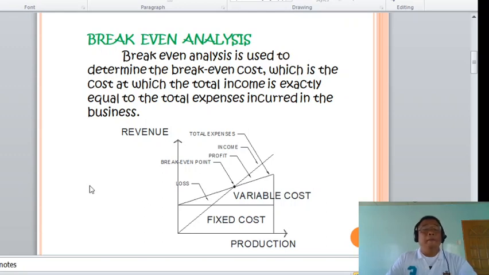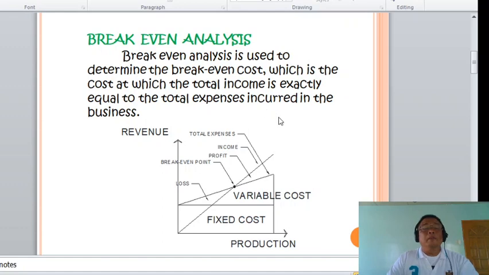The line coming from the intersection of the revenue and production up to this point is the so-called income. And the line from the horizontal line above the production is called the total expenses.